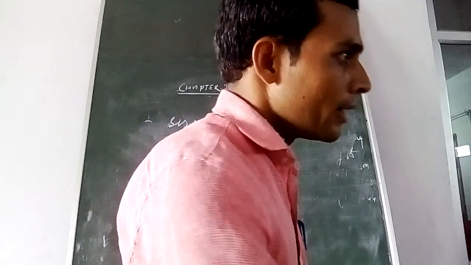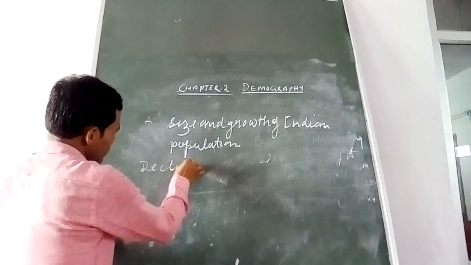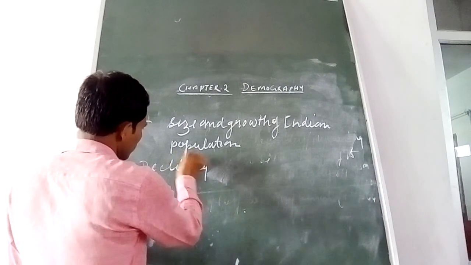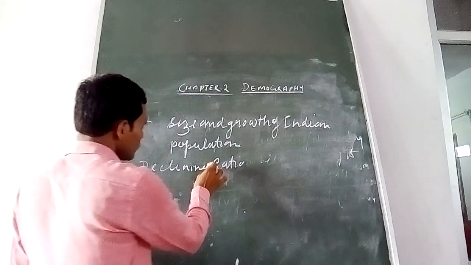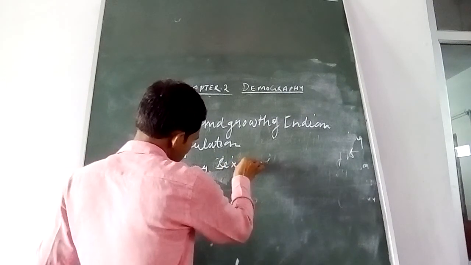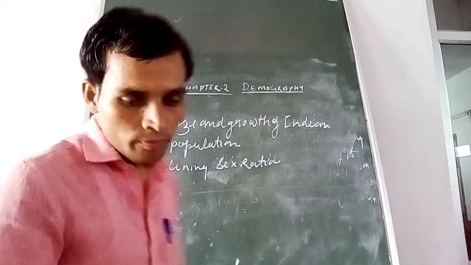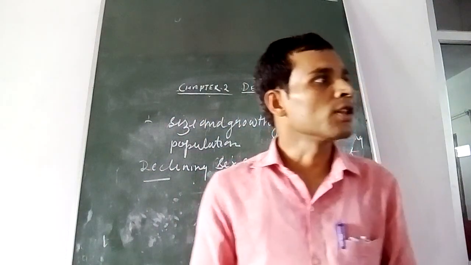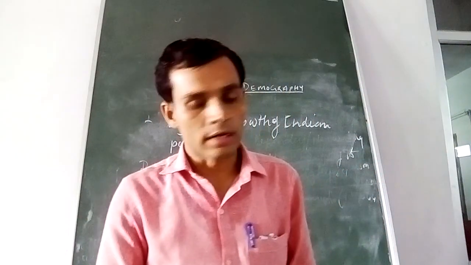Next comes the declining sex ratio. It refers to the number of females calculated per 1000 males at a specific time period.